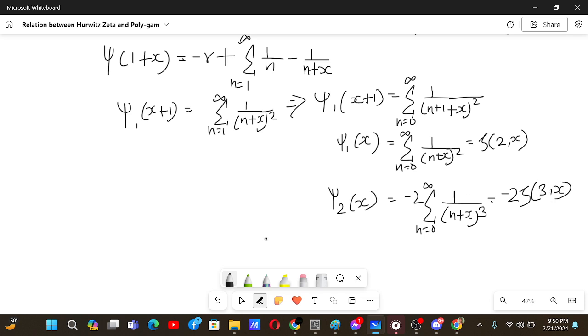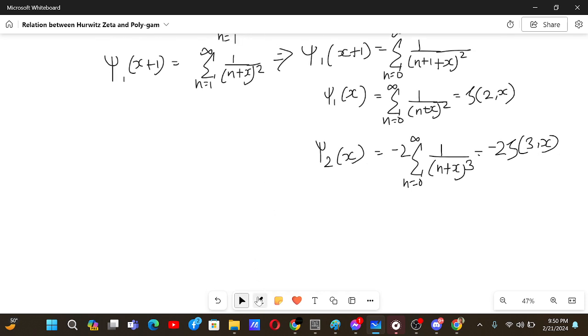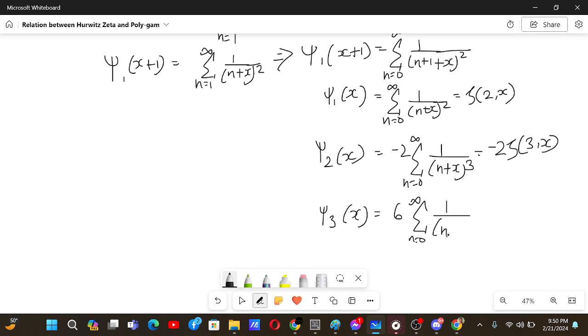If you again differentiate polygamma base 2, you get polygamma base 3, which is 6 times the sum from n equals 0 to infinity of 1 by n plus x to the power 4. Now this is 6 times Hurwitz zeta of 4 comma x.